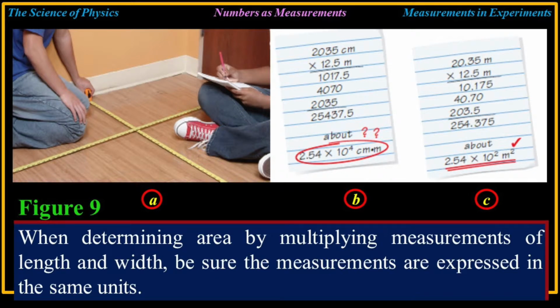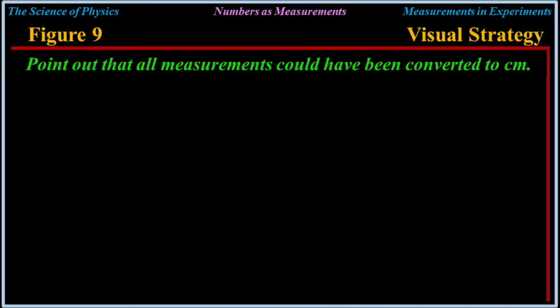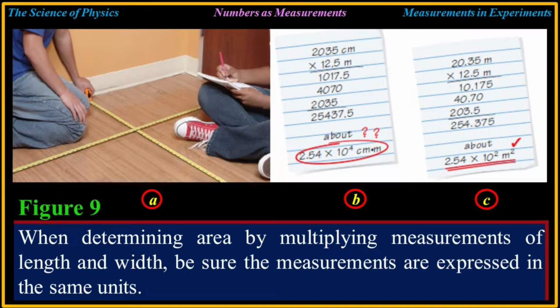Here is another shot of that figure 9, A, B, and C. And we'll do what we call in this book a visual strategy. Point out that all measurements could have been converted to centimeters. So it could be in square centimeters as well as square meters.